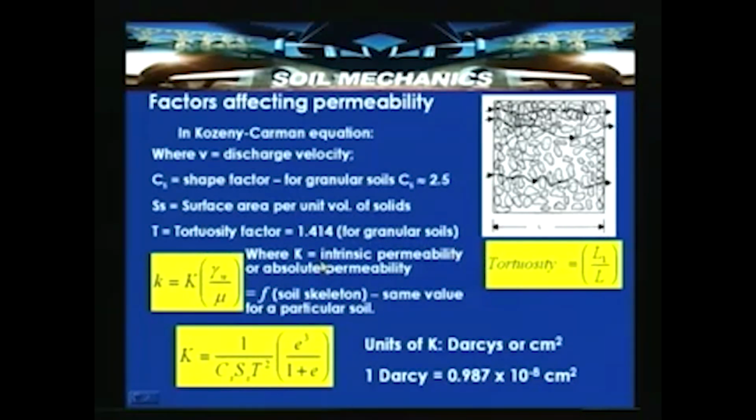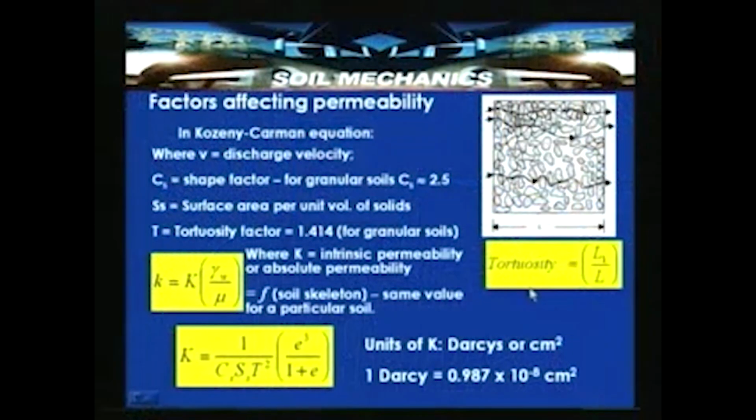The tortuosity is defined as the ratio of the tortuous length to the imaginary length, which is assumed as flow through soil, which can pass through the voids as well as the solid grains in imaginary length. That length is L. So, the tortuosity is nothing but the ratio of L1 by L, which is indicated here in the Kozeny-Carman equation as T. It can have different tortuous lengths passing through these contact points and through the voids in the soil mass.